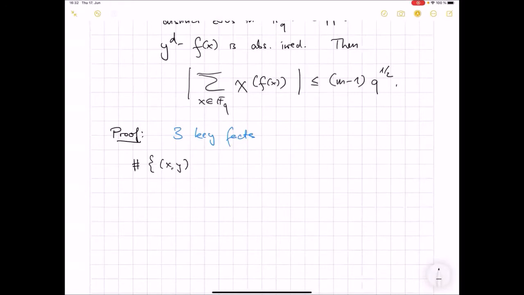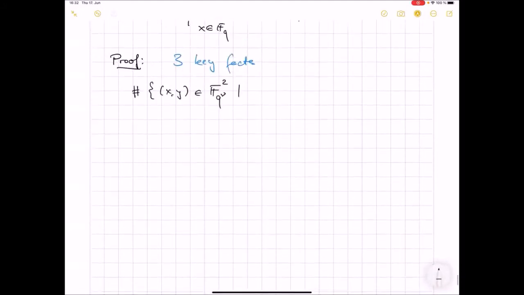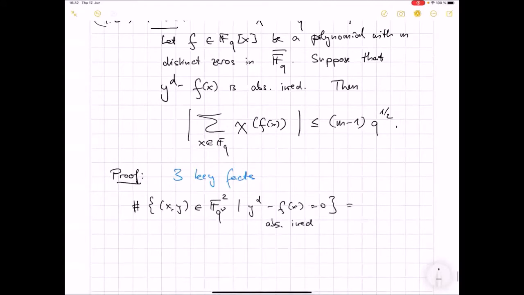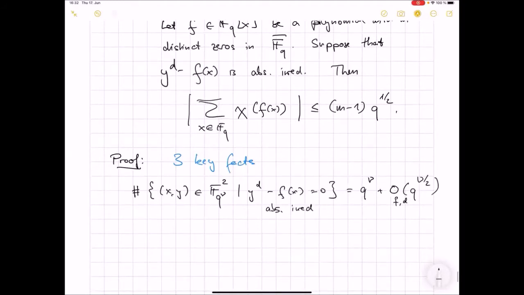If we count (x, y) in Fq^ν squared, such that y^d minus f(x) equals 0, and this is absolutely irreducible, then this is what you would expect, q^ν plus O(q^(ν/2)), and the error term depends in a specified, but for us not interesting manner on f and d. Okay, that's key fact number 1.